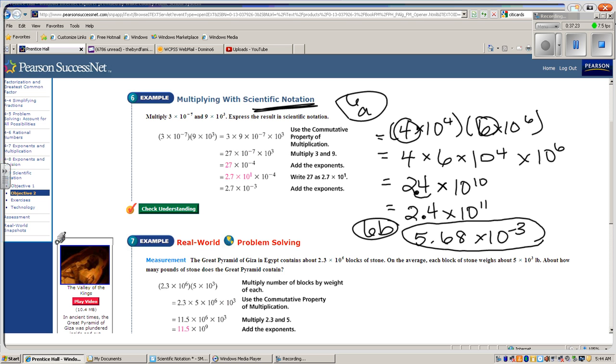Okay, example number 7 gives you one more problem like this, written as a word problem, a real world type problem, but you're more than welcome to go ahead and try that one as well to see if you got the hang of this.